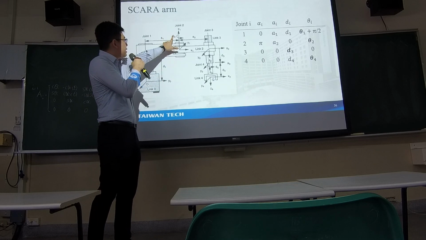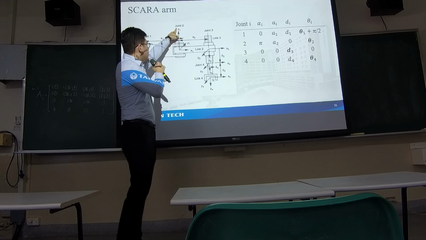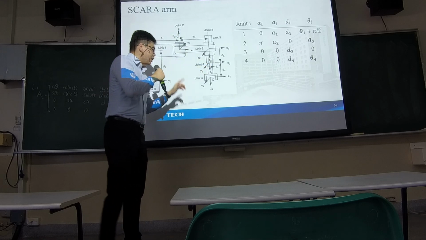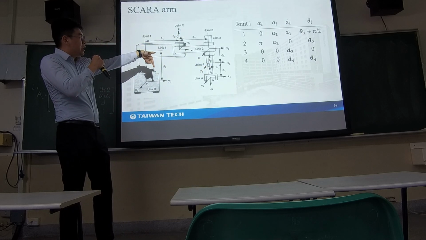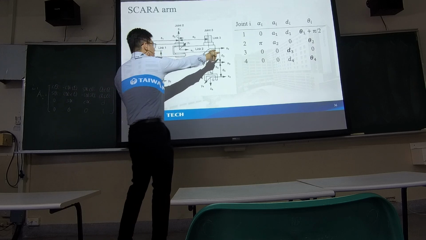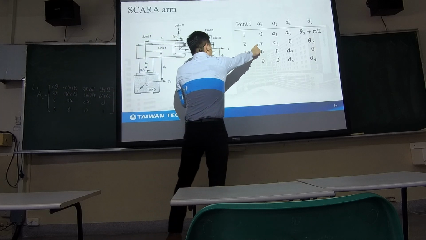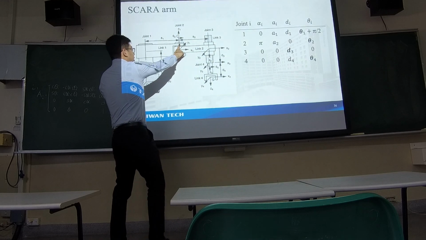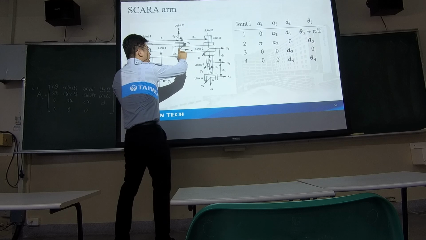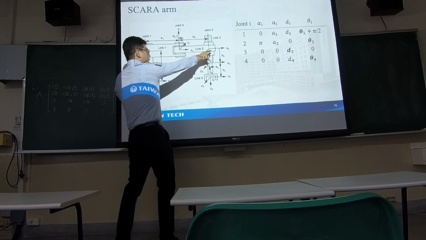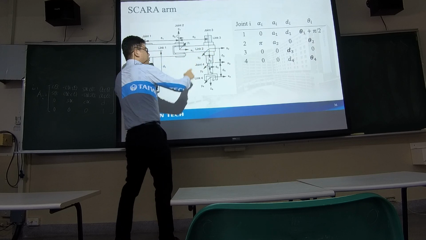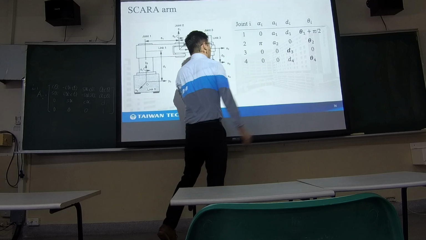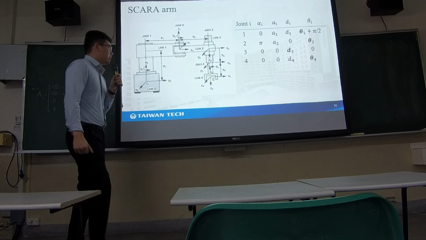And this Z1 and this Z2 is 180 degrees above Z2. So we have pi here for alpha. And this Z1 and this Z2, the offset distance is A2. So we have the A2 for the A parameters.